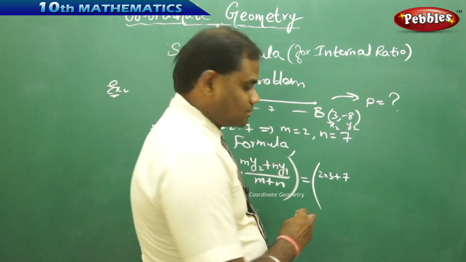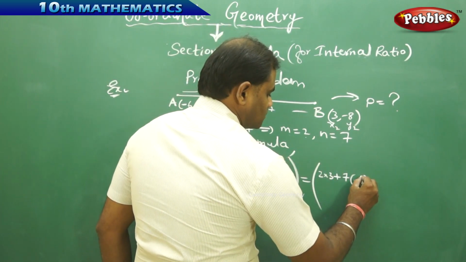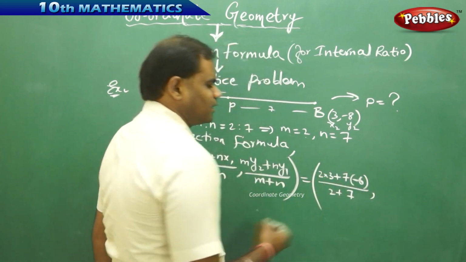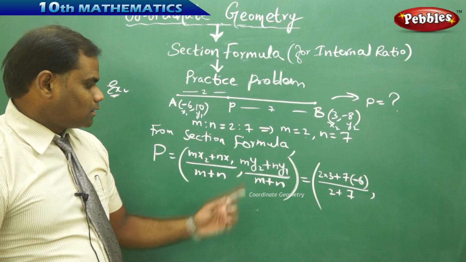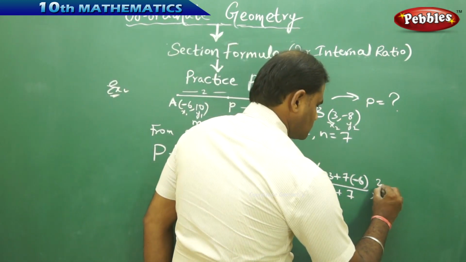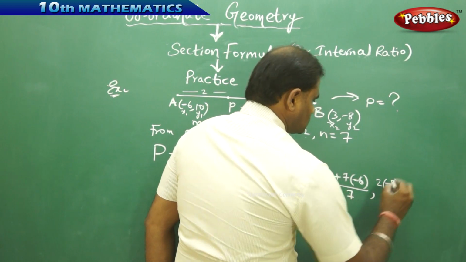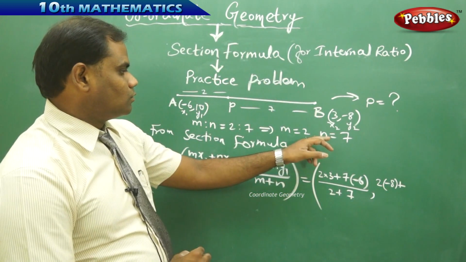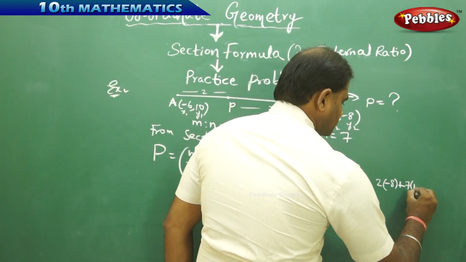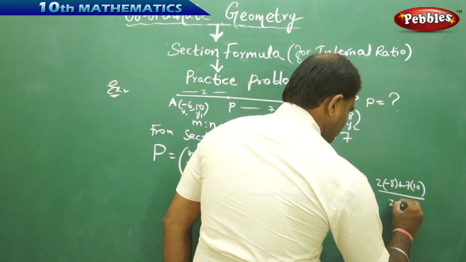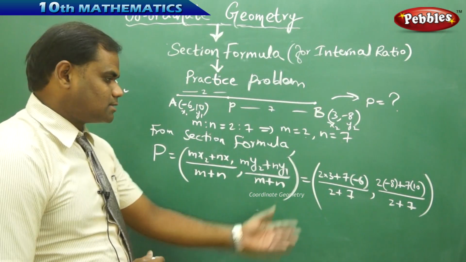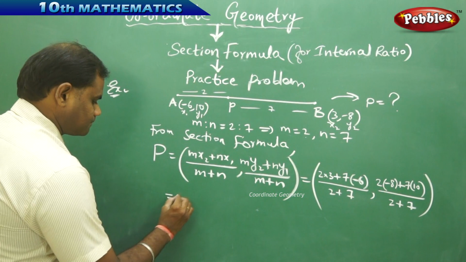all divided by m plus n. Similarly, my2 would be 2 times -8 plus ny1, which is 7 times 10, which gives me 70, divided by m plus n. Now let's simplify this further.